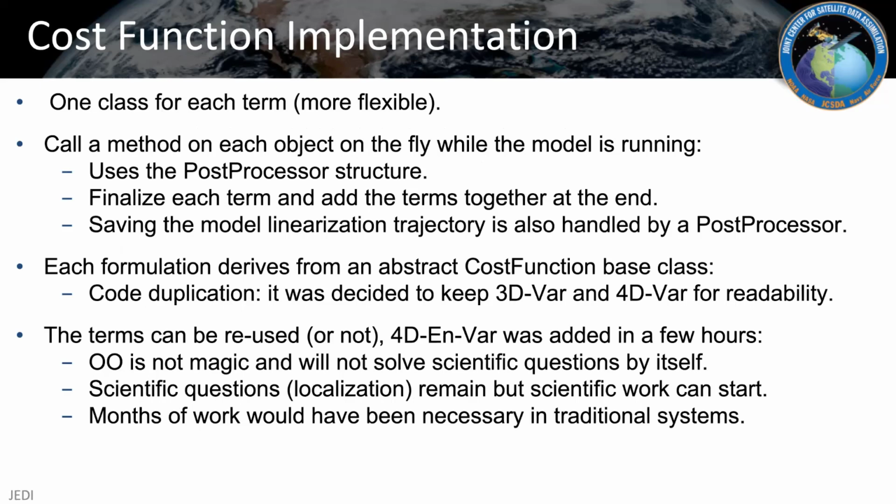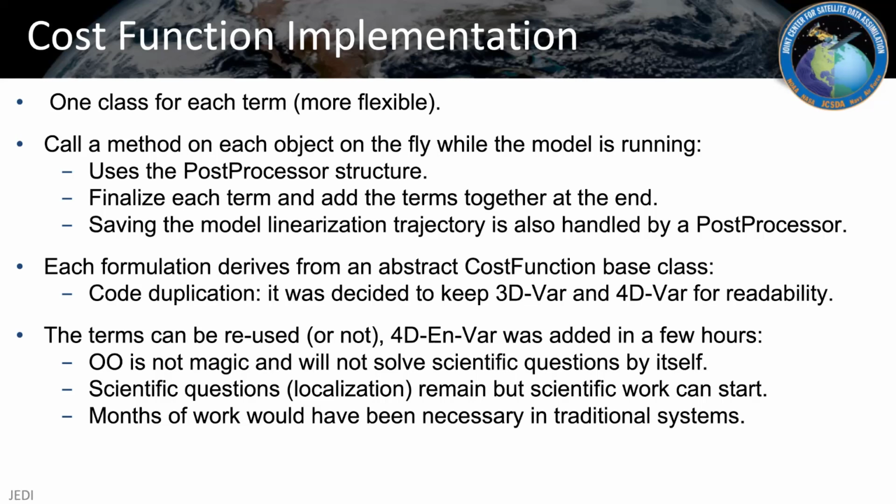We still have a class for each term of a cost function, which gives us a lot of flexibility in how to define the cost function and add new terms if we want. But we also have a way to call these terms on the fly as the model is running. For that, we use a post-processor structure. Each term of a cost function corresponds to a post-processor, which is called while the model is running.